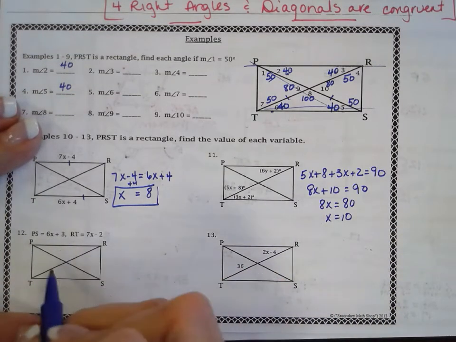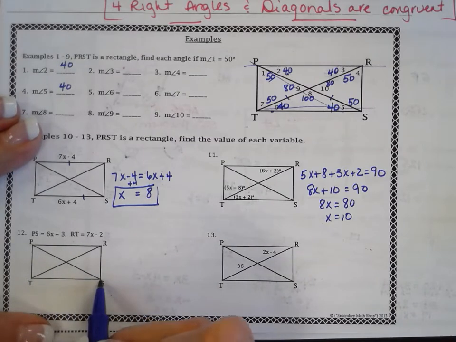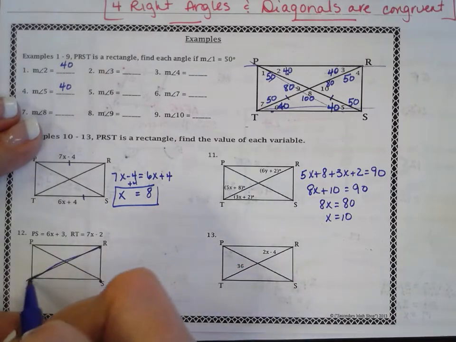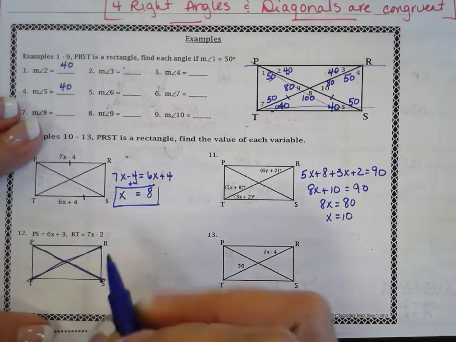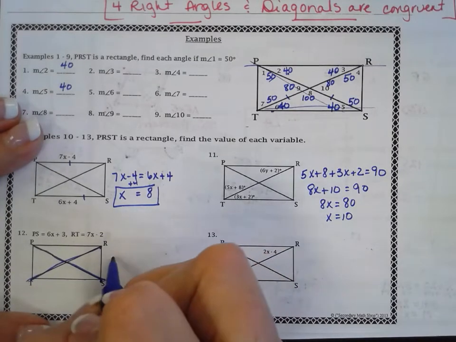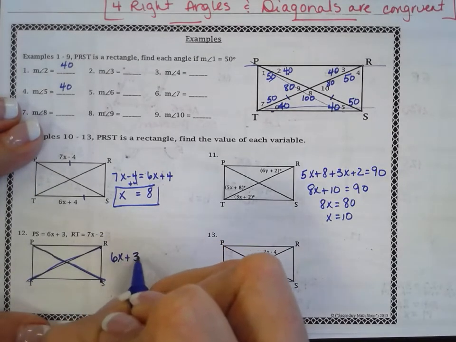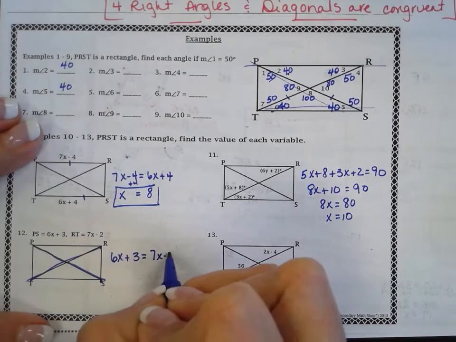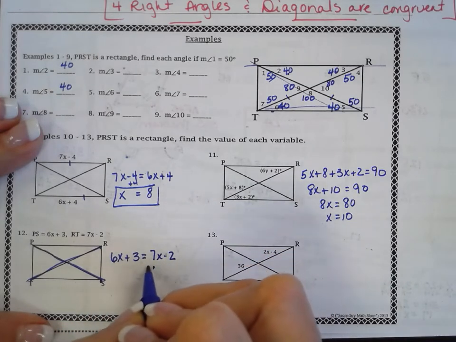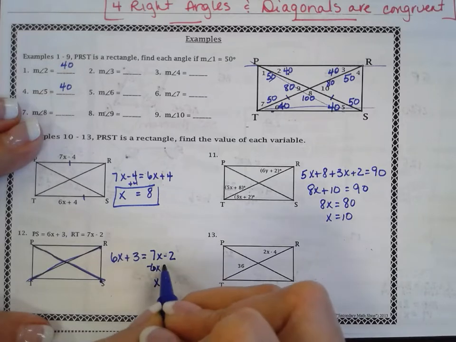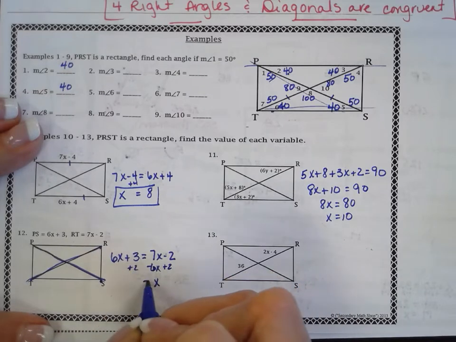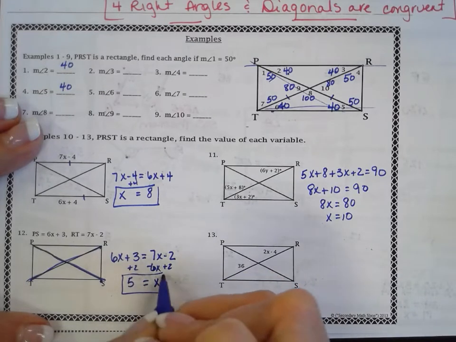All right, PS is the diagonal. RT is that diagonal. I know that they're congruent, so I can set them equal to each other. And so subtract 6x to give me x, add 2, so x is equal to 5.